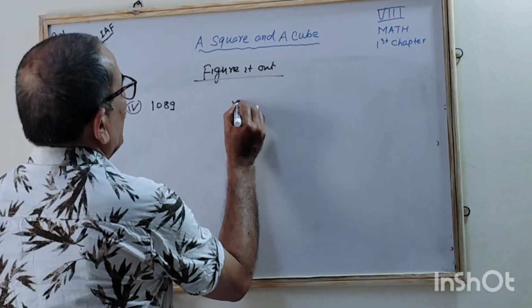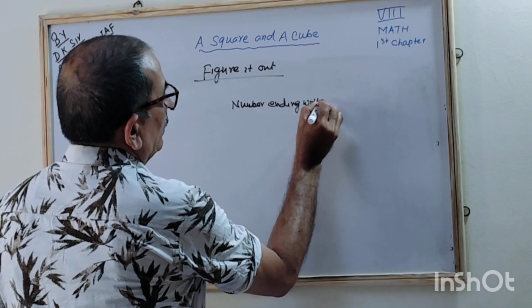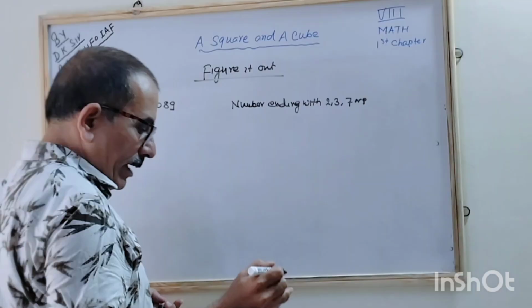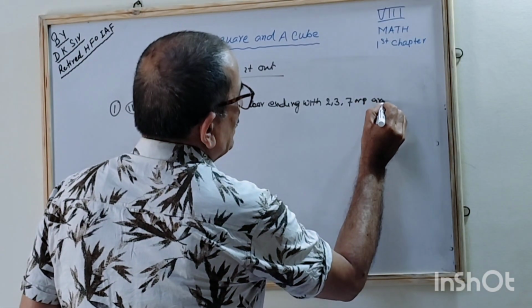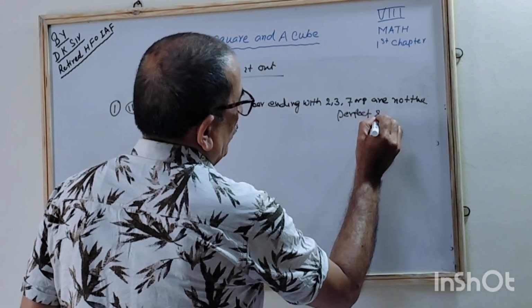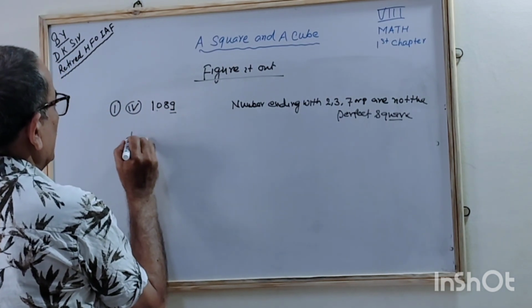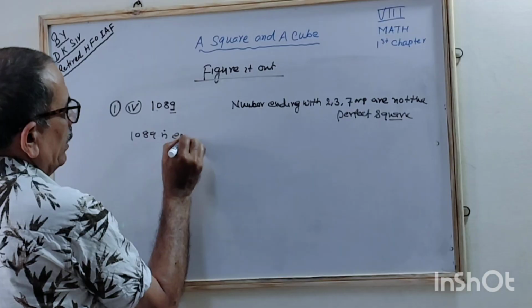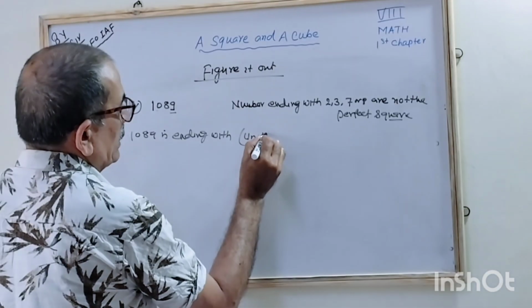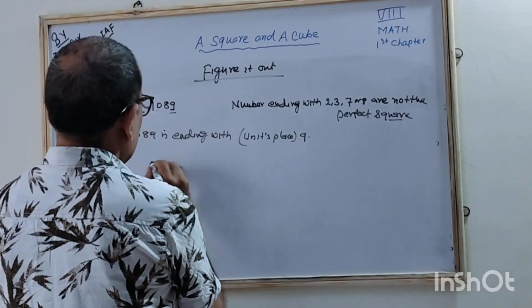We know the numbers ending with 2, 3, 7 or 8 are not perfect squares, correct? And here the 1089 is ending with 9, the unit place is 9.